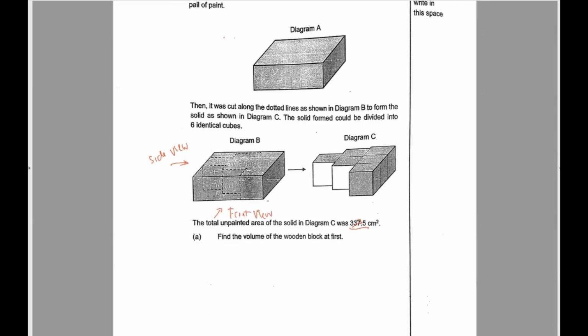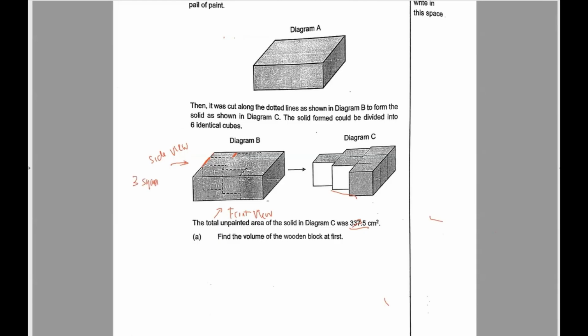Now, from the side view, how many squares are unpainted here? Now, from the side view, you can see how many squares are there. 1 square, 2 square. Actually, from side view, there's altogether 3 squares. Right? 3 squares on side view.